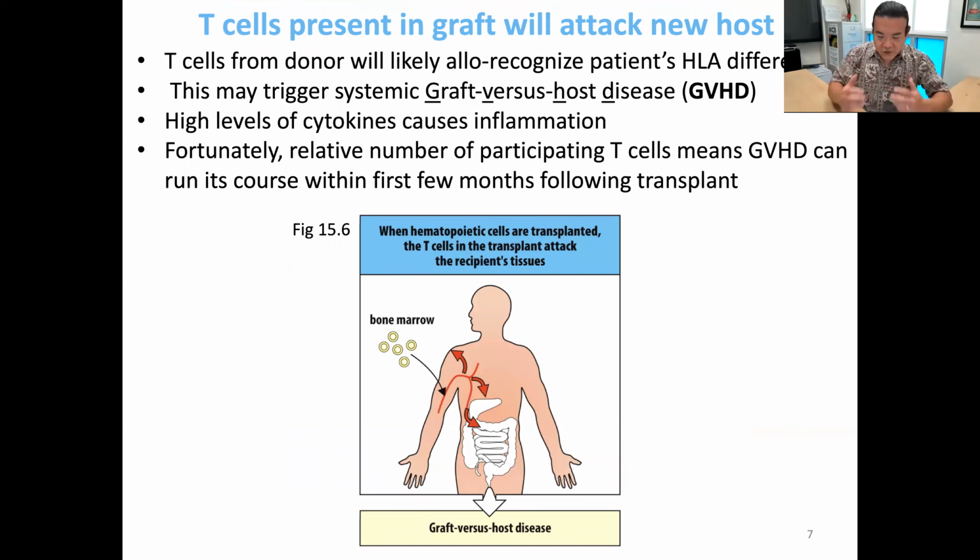So what sorts of issues would you encounter now? Well, it's quite possible that because these hematopoietic stem cell transplants take place over an IV, there's going to be all kinds of immune cells in the IV as well. So there might be T cells from the donor that also end up hitching a ride into the recipient.